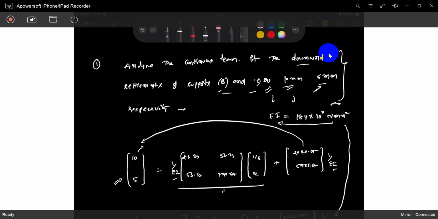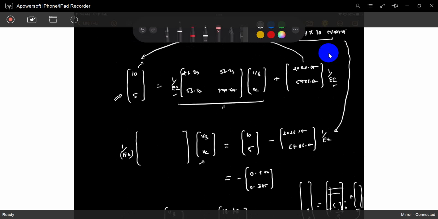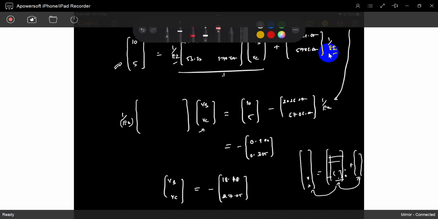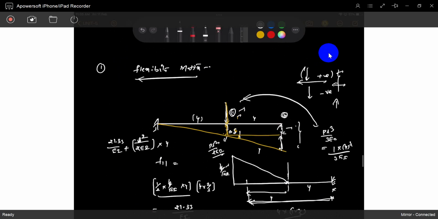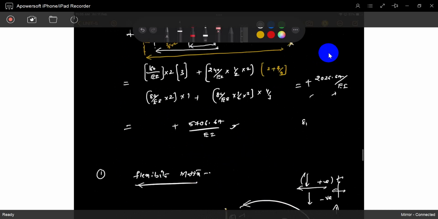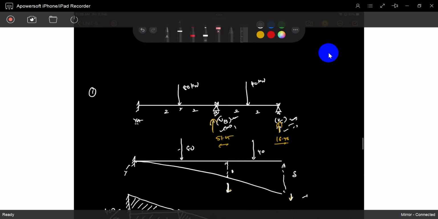If you compare the flexibility matrix and stiffness matrix, previously we solved how only these two values are 0, 0. In this matrix also these two values are 0, 0 because every time they are 0 under fixed conditions, because these are the supports only. If you remove them, these are the redundants, VB and VC.